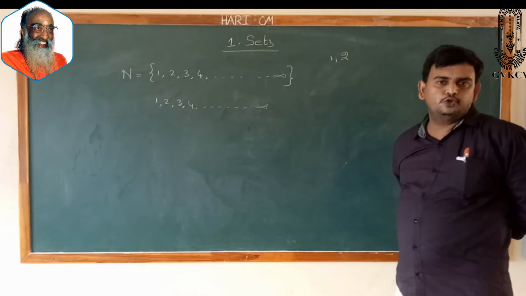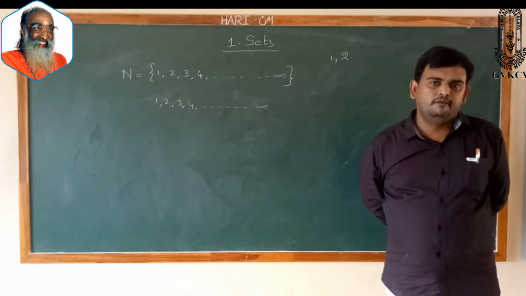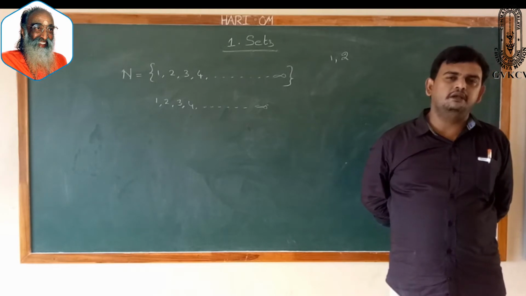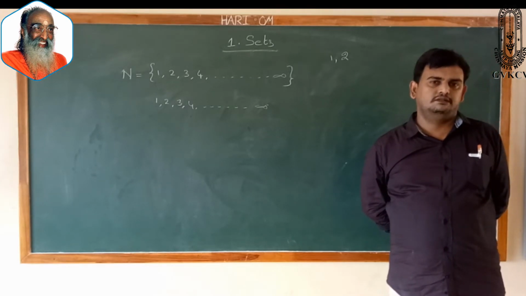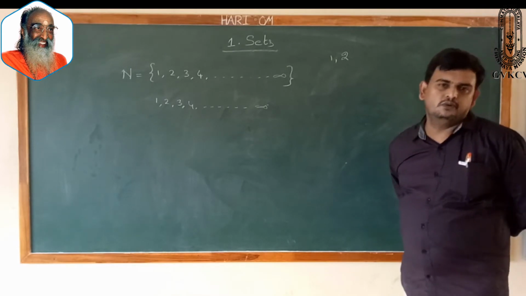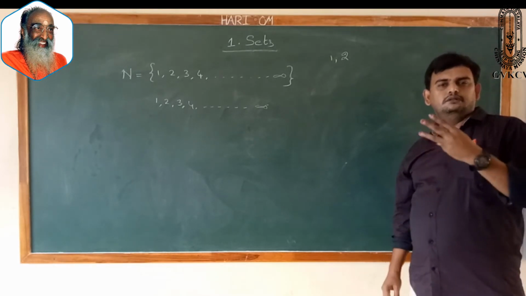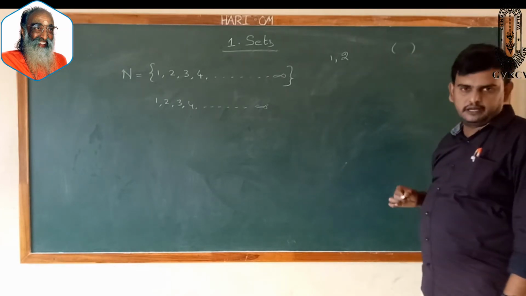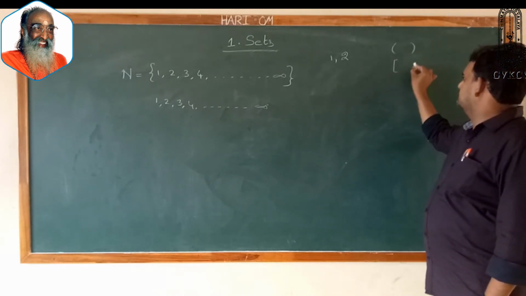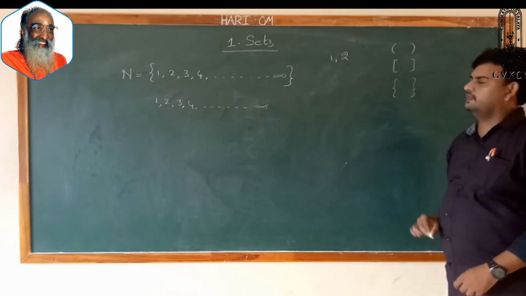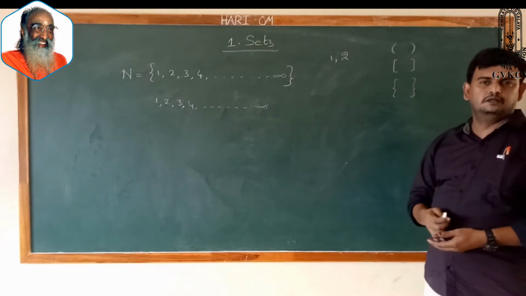Now, 1, 2, these are the two numbers. These two numbers we can represent in different ways. Now let me explain. In our mathematics we have a total of 3 types of brackets. One is small brackets, another one is square brackets, next one is flower brackets.